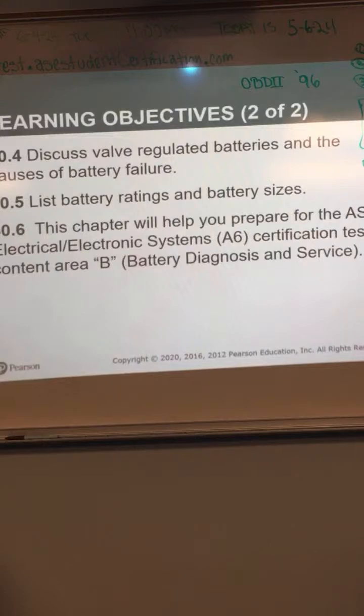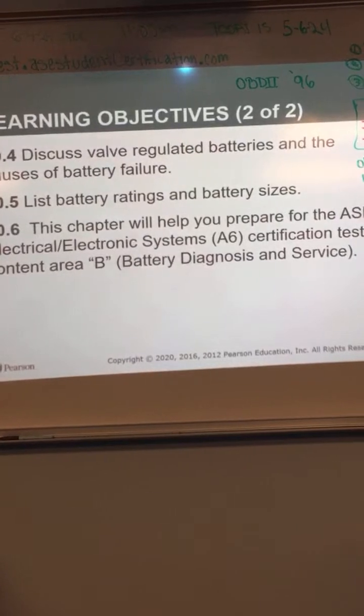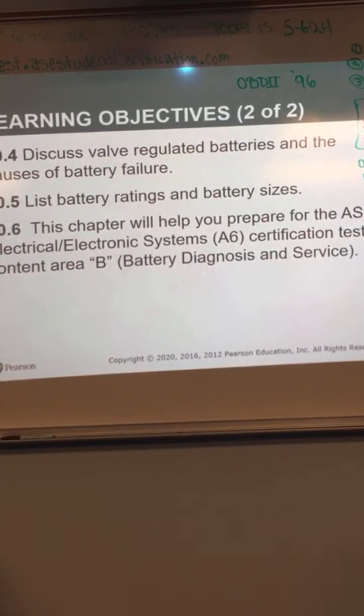Some high-end cars, like super cars and stuff, have a plug, almost like a charger for the battery. You just leave it in the garage and plug it in. Oh, yeah, those are battery tenders.